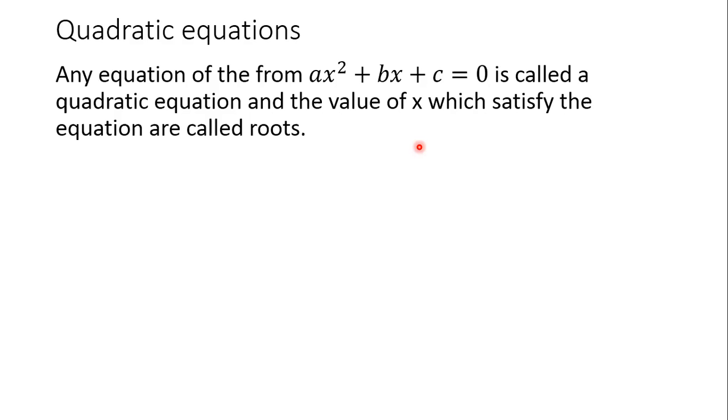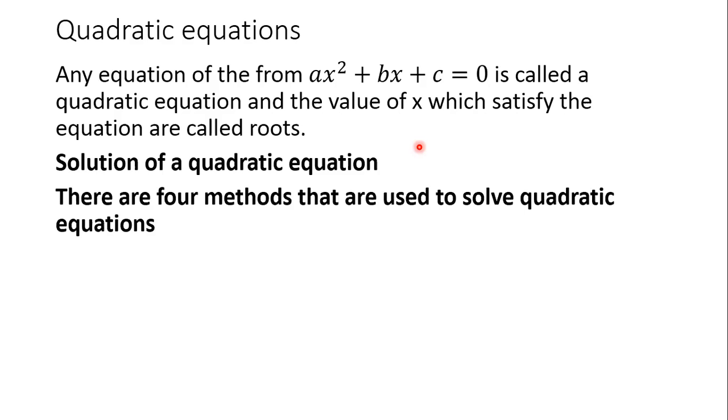And there are several methods that we use to solve quadratic equations. I'm saying there are 4 methods. The first one is the one we are familiar with, the factorization method, where we find numbers that we add and multiply to give us a certain value, and then we substitute in the equation.